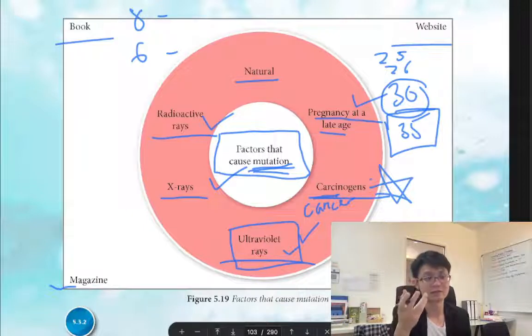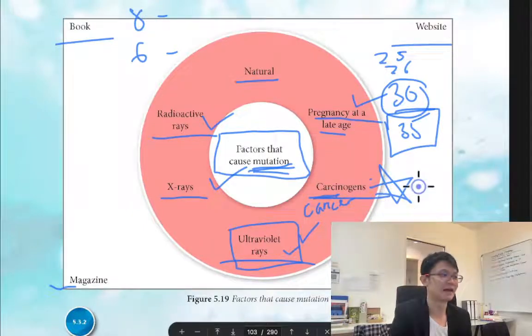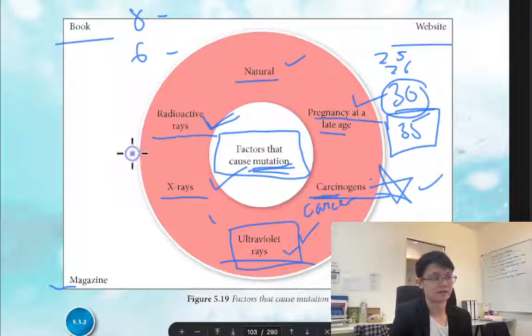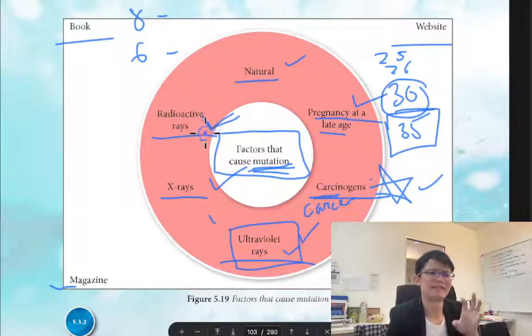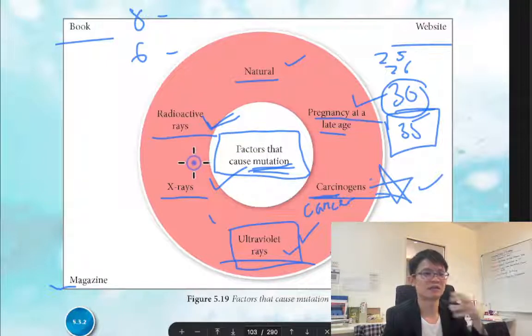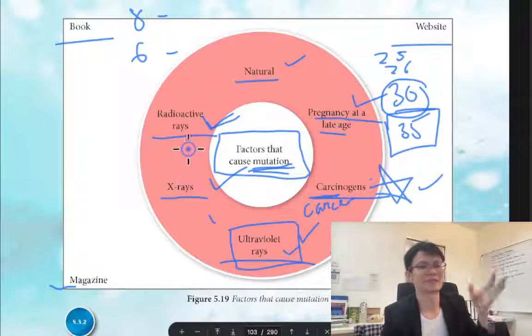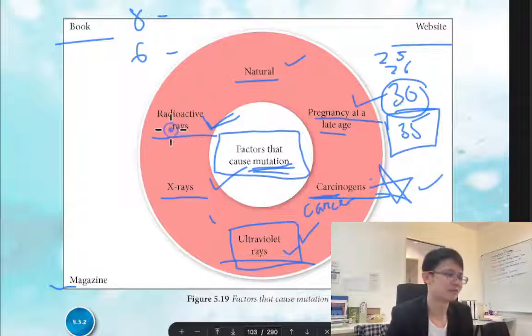I'm not sure, but I know smoking is. So just give some examples so that you get more marks. Explain a bit, maybe you can say one of the things that cause mutation is radioactive rays. Then you add something, like radioactive rays will cause the gene to mutate. Just try your best to explain a bit.